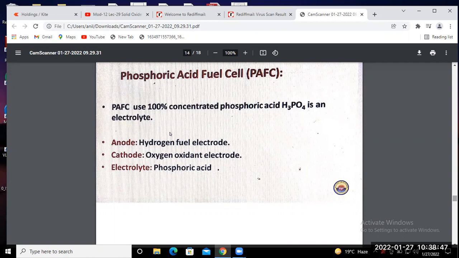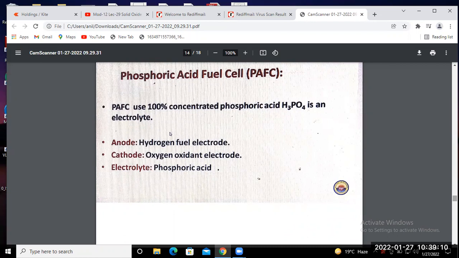We already saw in the previous alkaline fuel cell that potassium hydroxide was used. But here in the phosphoric acid fuel cell, H3PO4 is the electrolyte.